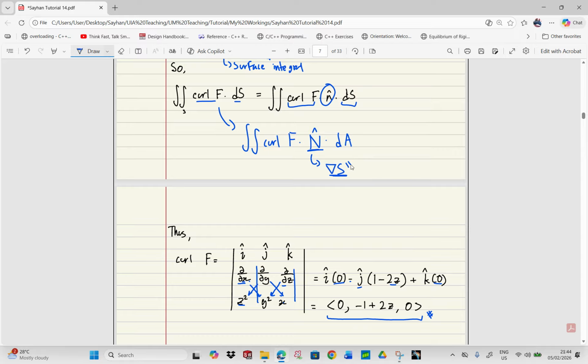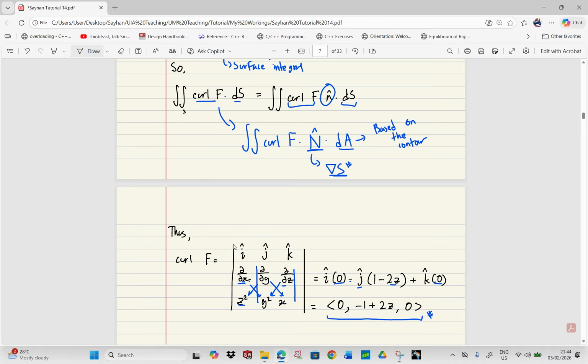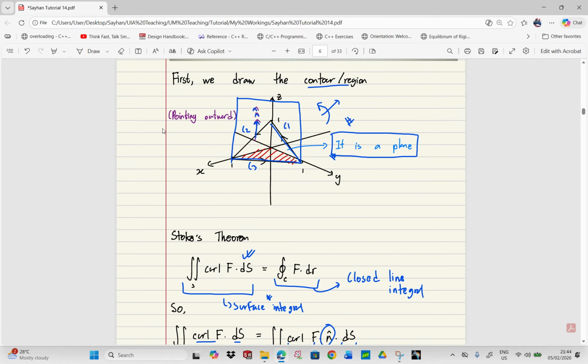Just simplify the gradient of the surface vector, and then you just have dA, which is based on the contour that you want to project. In our case, we want to project this shaded red area, which is our contour.